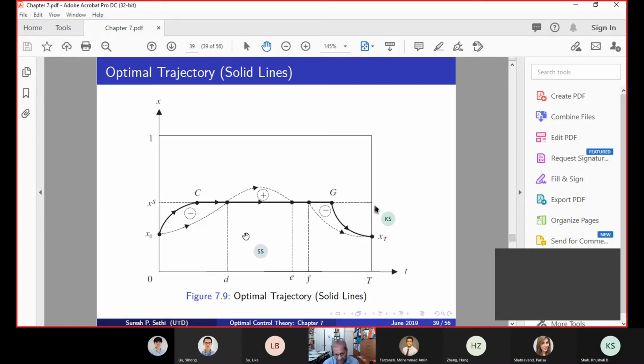By large enough, I mean that the length of the time spent on the turnpike is positive, or at least non-negative. Okay.